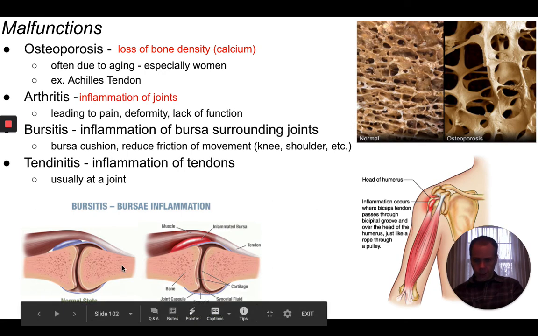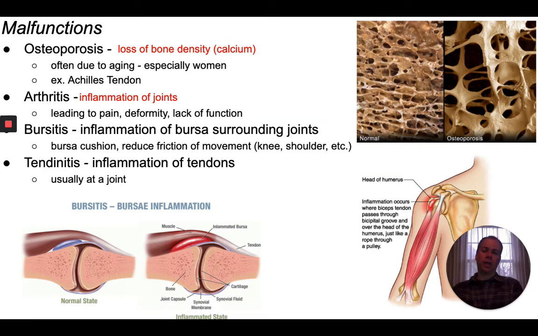Arthritis is the inflammation of the joints, which leads to pain, difficulty in movement, and limiting of movement.